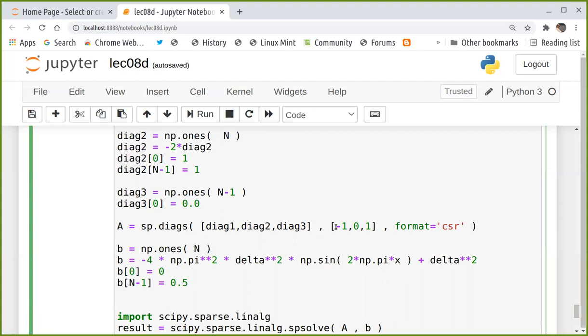For the lower diagonal, you specify an offset from the main diagonal of -1. For the main diagonal, your offset is 0 because the main diagonal is on the main diagonal. And for the upper diagonal, you're 1 above the main diagonal, so you specify 1 for that offset. And you give it a format, and the format that will work for the next thing that we need to do is the CSR format.